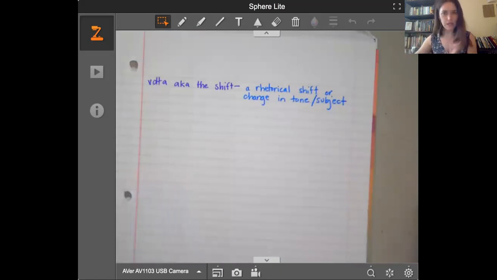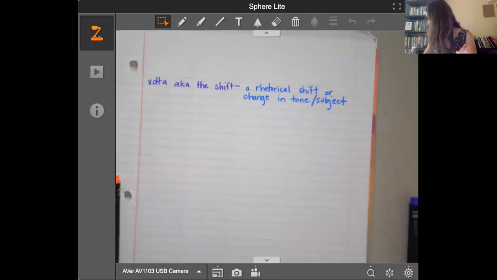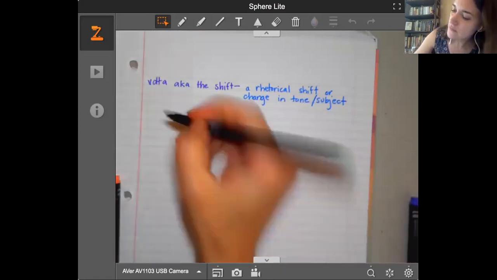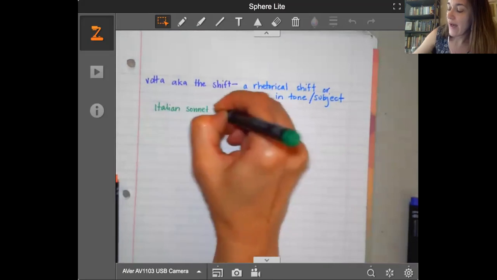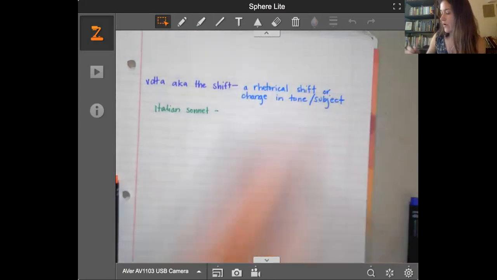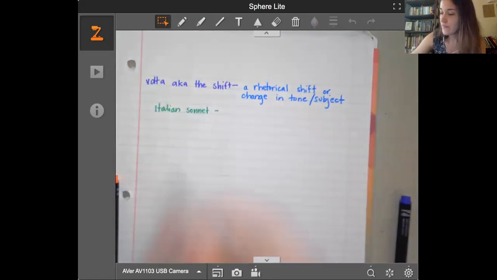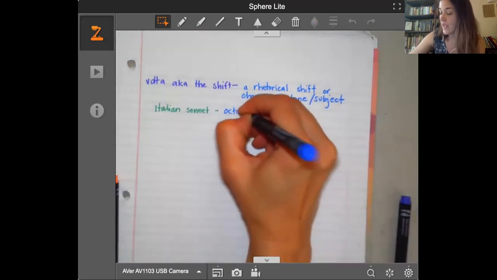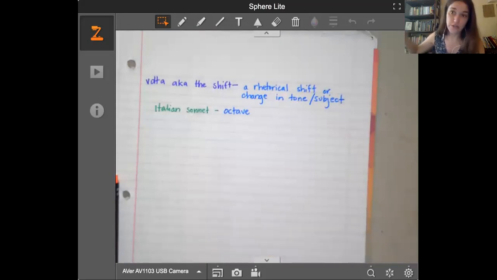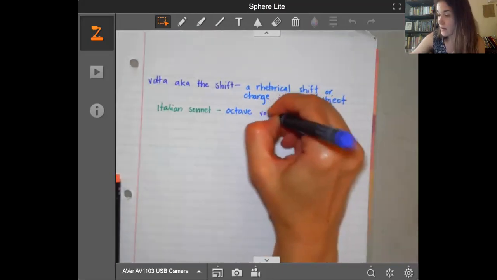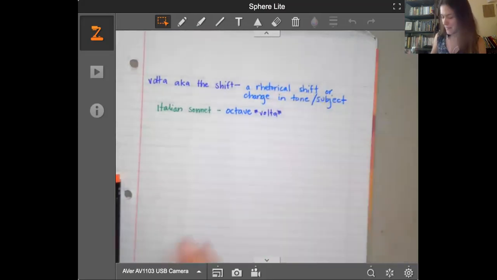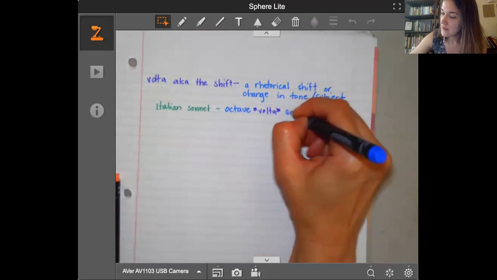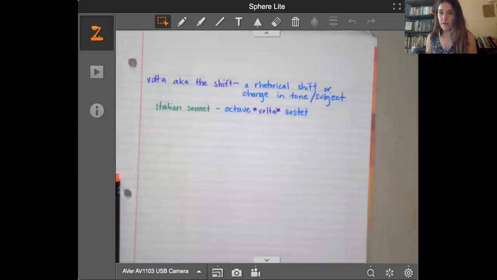And in an Italian sonnet, there's actually a rule for this. So in the Italian sonnet, generally, not always, but generally, we start with our octave. And then we have the volta, or the shift. And it's invisible, right? We have to just infer it from our reading. And then we have our sestet. So that's generally what we have with an Italian sonnet.